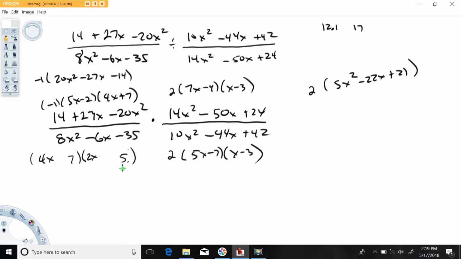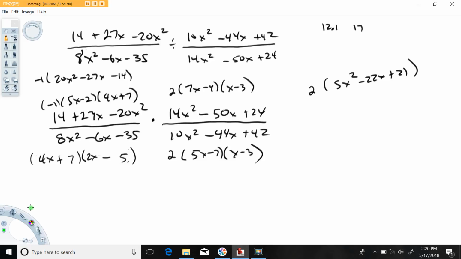All right, 20 and 14. They differ by 6, so that one has hope. One of them's plus and one of them's minus because of the minus 6. I think we want minus 5 plus 14. Let me just double check this. 8x squared, we're good. Minus 20x plus 14x, there's my minus 6x. I think we're good there. Minus 35, all right.